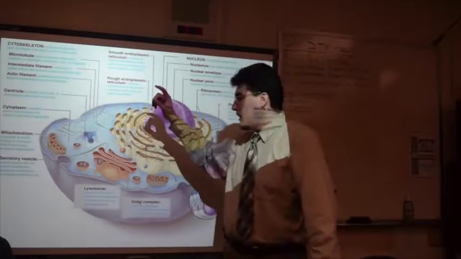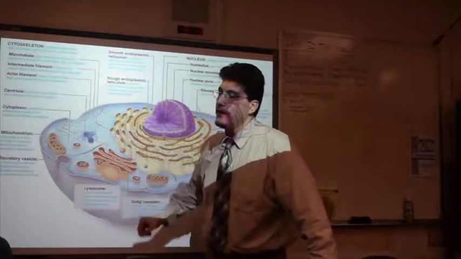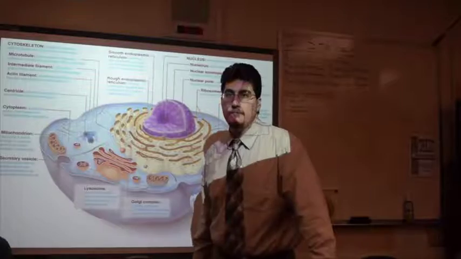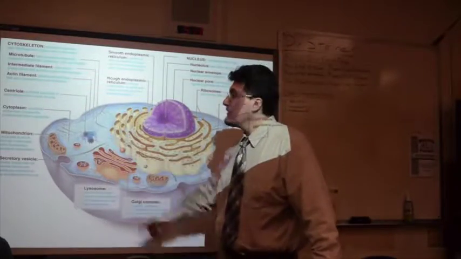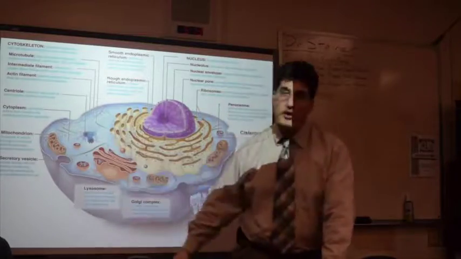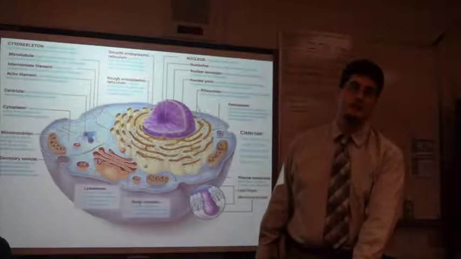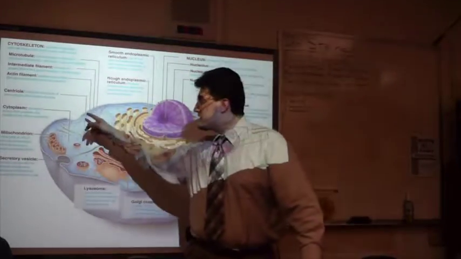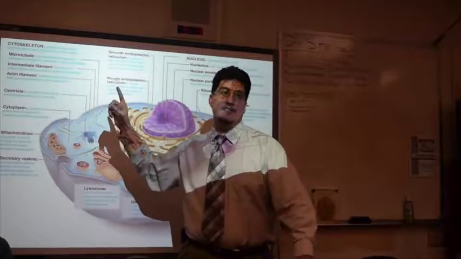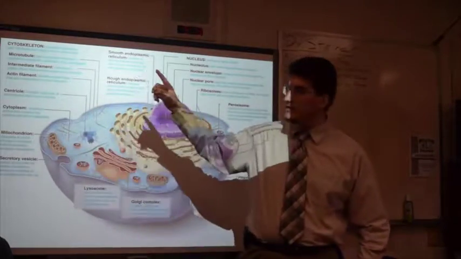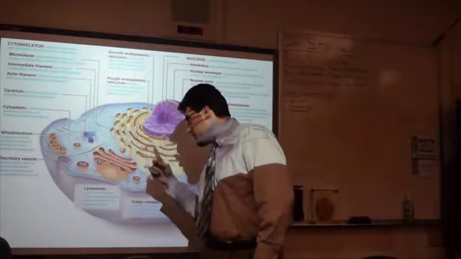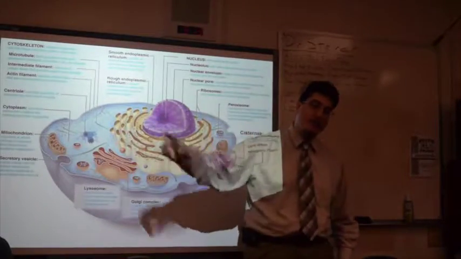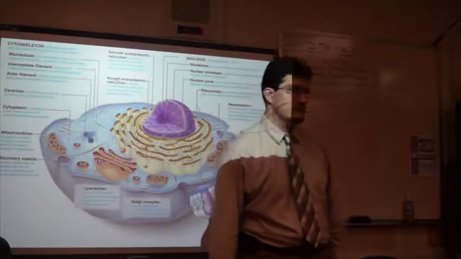This is where the spindle fibers form in cellular division. That is what they do. This is an organizing center. The centrosome is also the organizing center. But the centriole is a nidus for organizing. The microtubules themselves form from here.